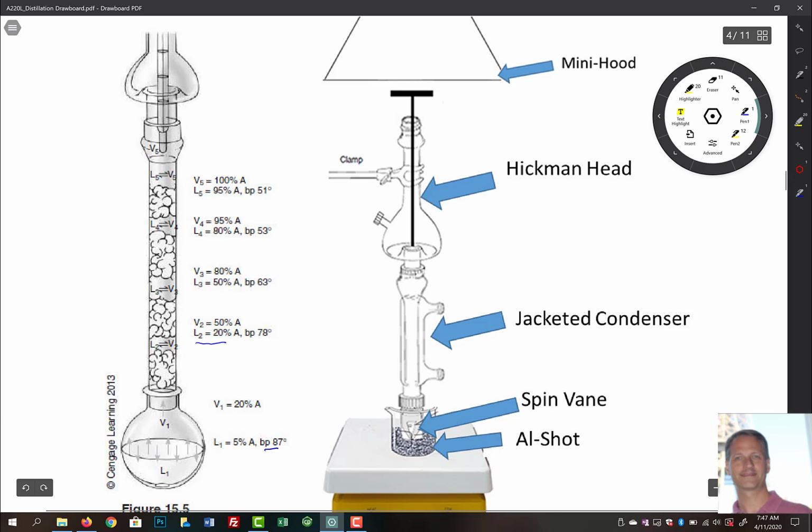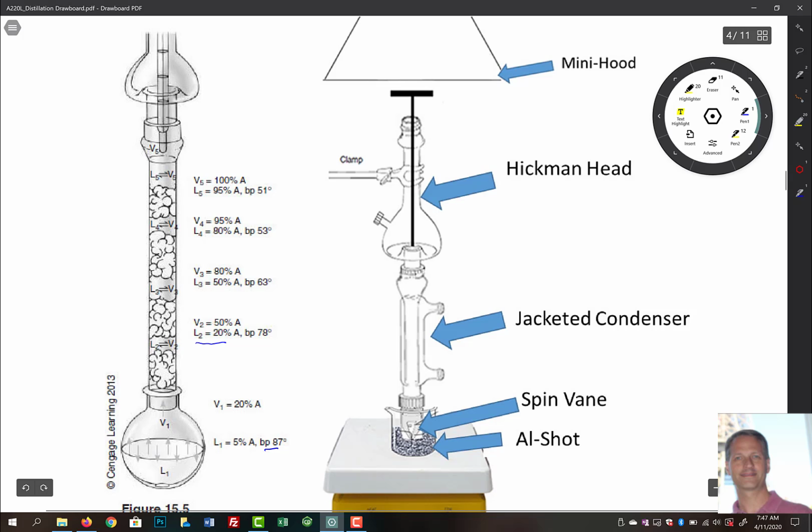More vapor comes off of this, and when that hot vapor comes up and touches that liquid that's at 20% A, it causes it to vaporize. So you get another liquid vapor condensation, and the vapor that comes off of the 20% is enriched more in A, and it has 50% A. That travels up to this second step here, and it condenses, theoretically, right there. That's your 50% A. It has a lower boiling point, right?